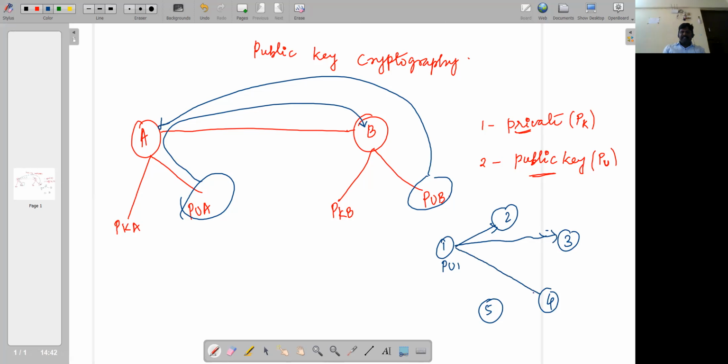So the public key of A will be known by all the users, 2, 3, 4, 5.